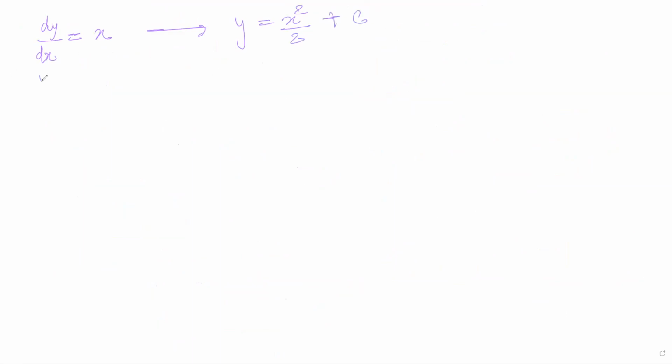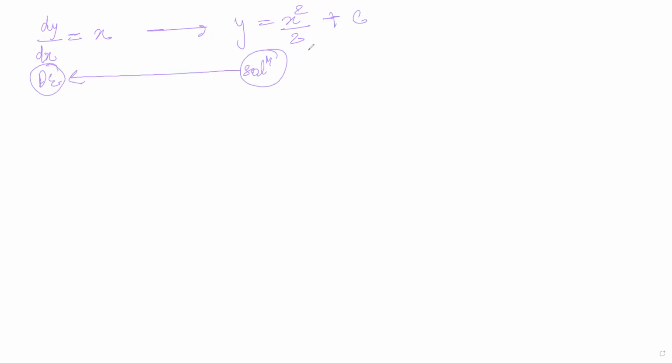I mean, if this is the differential equation, this is its solution. Or for this equation, the corresponding differential equation is this, right? So any equation which correctly satisfies your given DE is known as the solution of the DE.